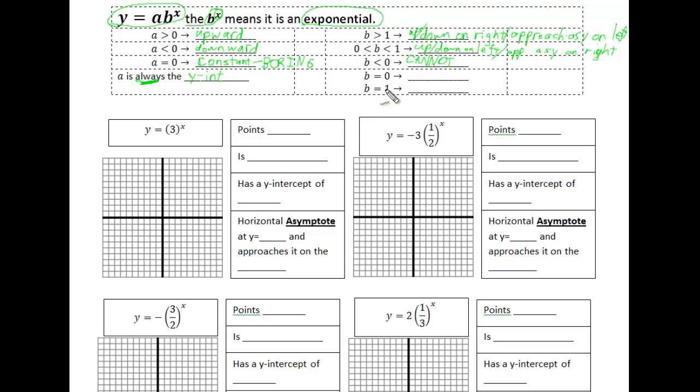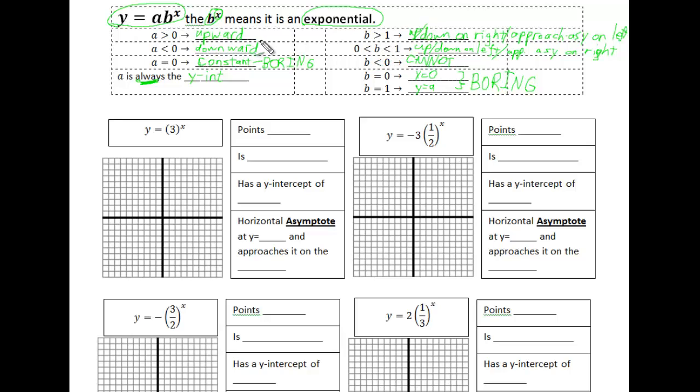B cannot be less than 0. Again, if b is equal to 0, it's boring. It's always 0. If b is equal to 0, then it's just y equals 0, which is boring. If b is equal to 1, well, then it's just always a, which is not quite as boring, but again, boring. So all we really care about is b is positive, not equal to 1.